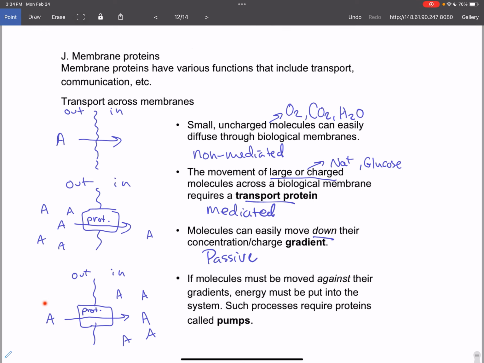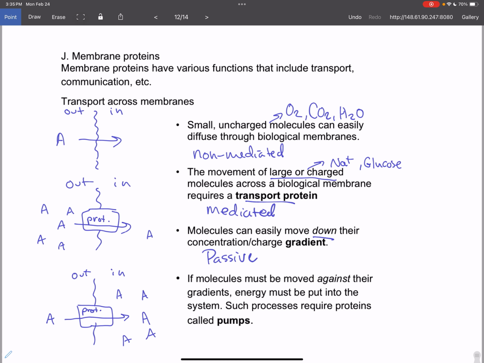The concentration is low outside and high inside, and that, from an entropy disorder standpoint, is not favorable for the molecule to move that way. This is, as we would say, moving against the concentration gradient.